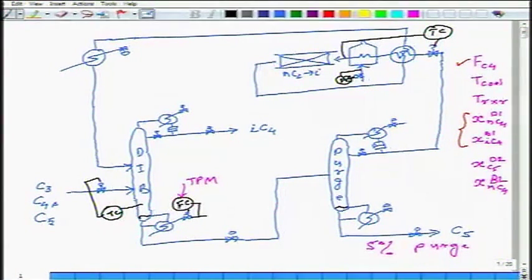Then I need to control the amount of impurity NC4 up the top in the product. The only way to do that is, by the way, this may actually be a composition controller, because in a de-isobutanizer, temperature is not a good measurement because the components are very close boiling. Okay, so basically what I am saying is this is composition control.